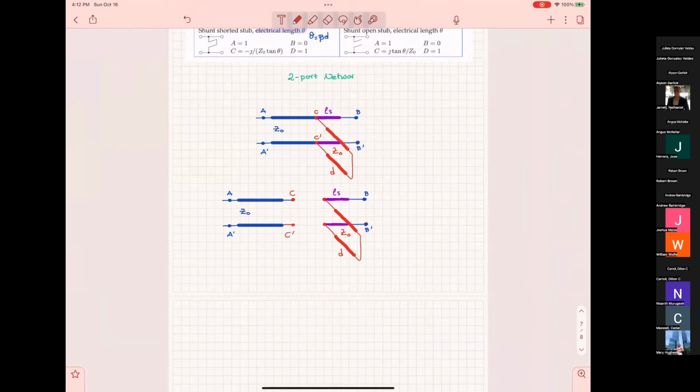Then we have that section of line, and that also connects to C C prime.